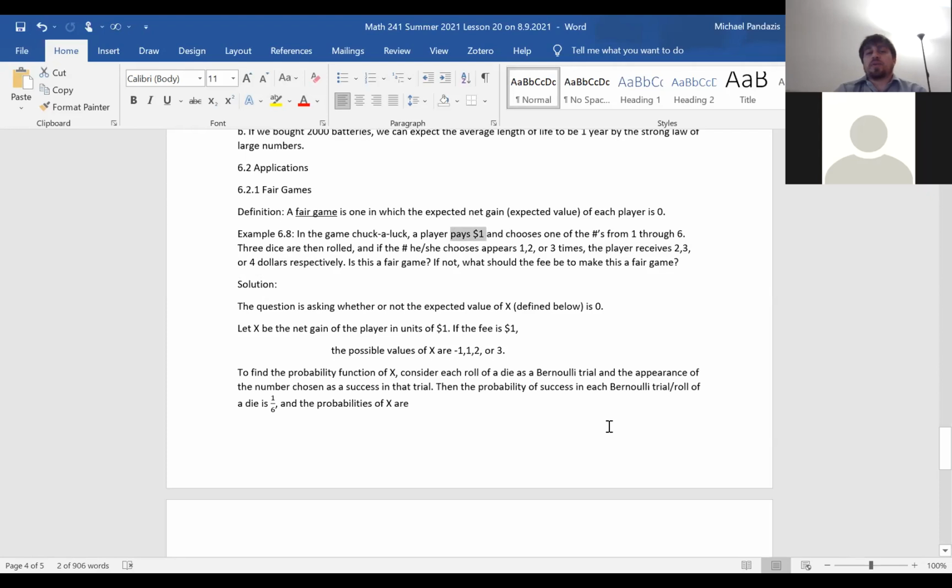Right. And so, well, so that's the amount you can make, right? If you don't make any money, you made 0, right? So if you pay $1, then what's the net gain? -1. -1, because you paid $1 to play the game, but you didn't make anything, right? So your net gain is negative $1. Oh, okay. Does that make sense?